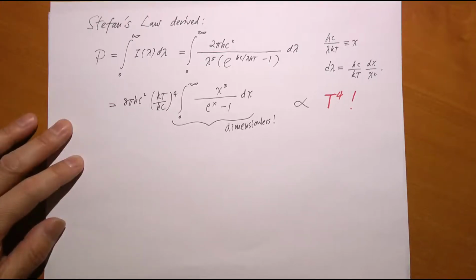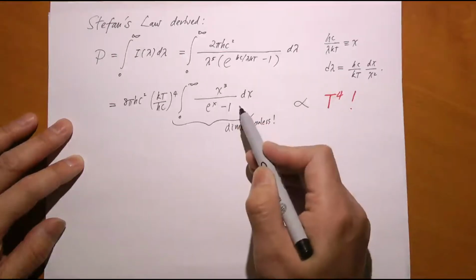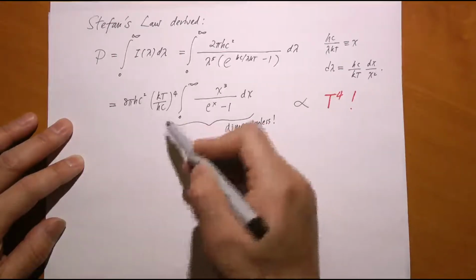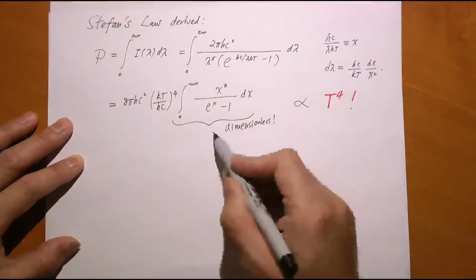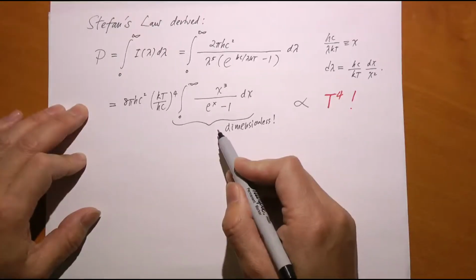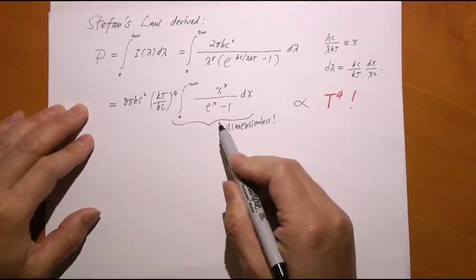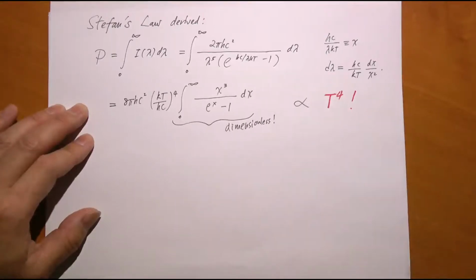Now, to recover the entire expression for the Stefan-Boltzmann law, we need to finish this integral. And so let's see if all these constants work out. This integral, if you want to calculate it yourself, well, good luck. It's not easy to do. But I can tell you what to do.